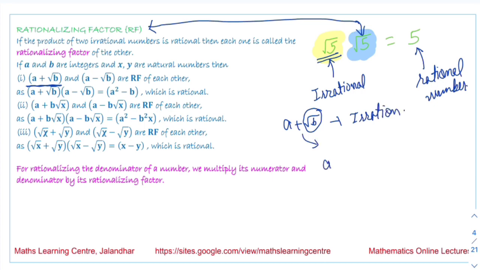I can multiply this number with a minus square root b.